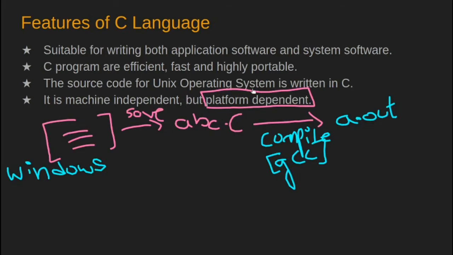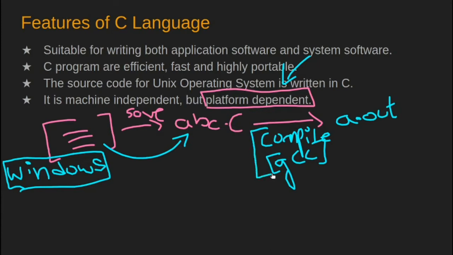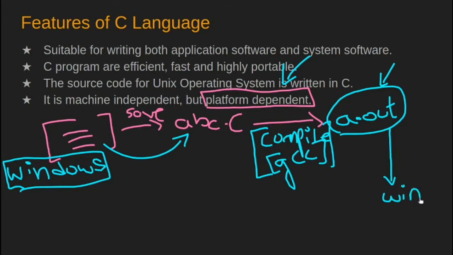Now what do you mean by platform dependent? Suppose you have a Windows operating system, and in that you write a program and save it with the file name abc.c, and then compile the source code using the gcc command. You get something known as the output file. Now if you take this output file and run it on another Windows system, it will run perfectly fine.